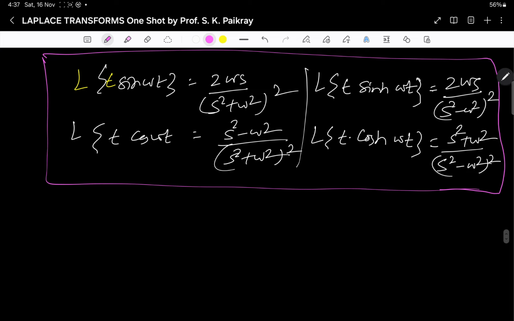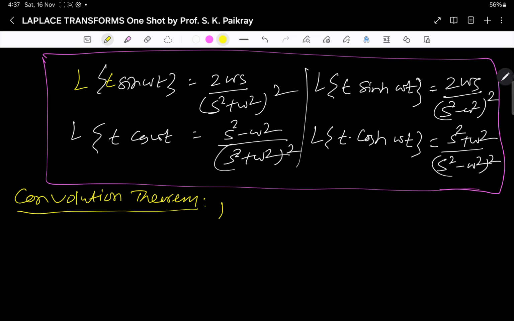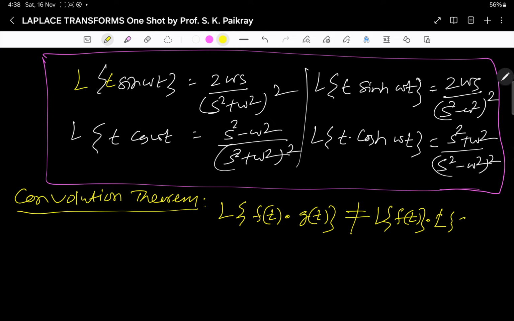Now let me recall the convolution theorem. As you know, for the product of functions, L of f(t) into g(t) cannot be L of f(t) into L of g(t). So to overcome this, we use the convolution. What is f(t) convolution g(t)?